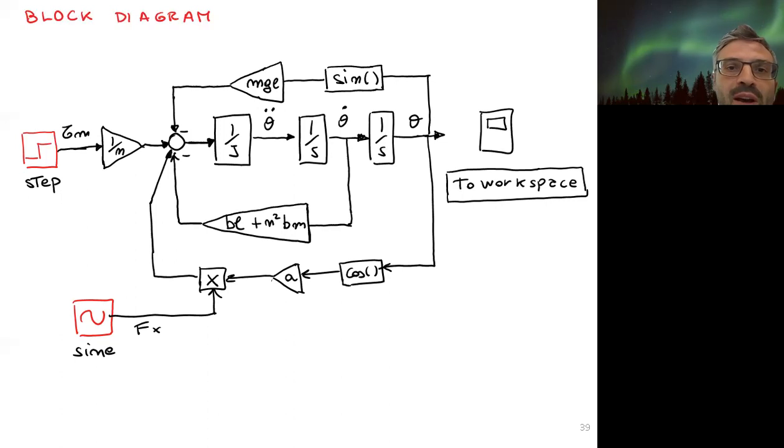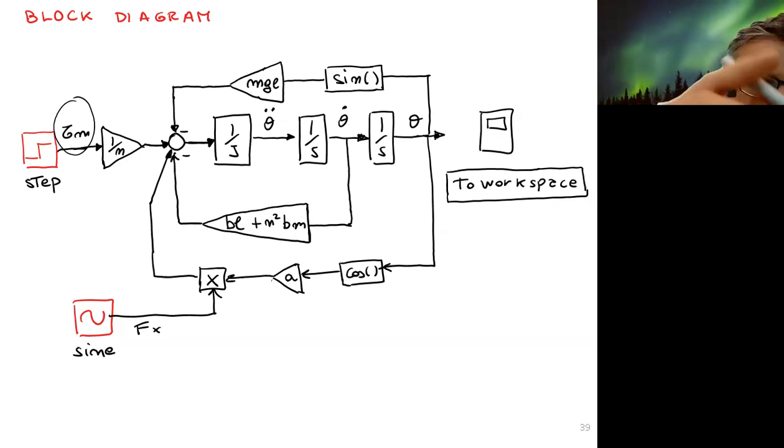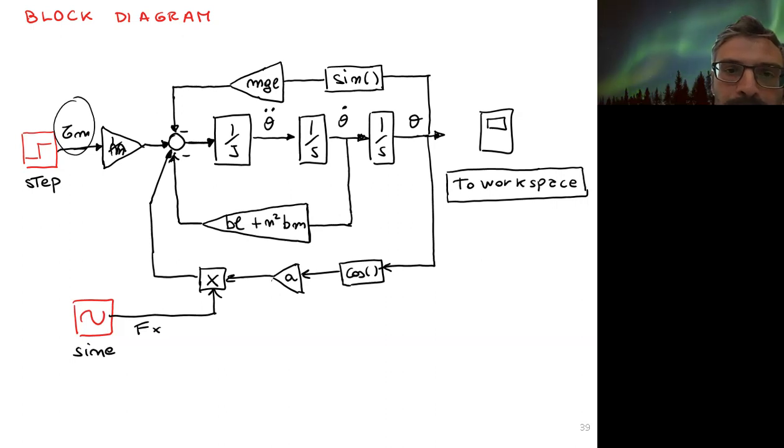So if we write a block diagram, in essence, we get the torque here that is multiplied by n. We have the friction force here. We have this, the m g l sine of theta.